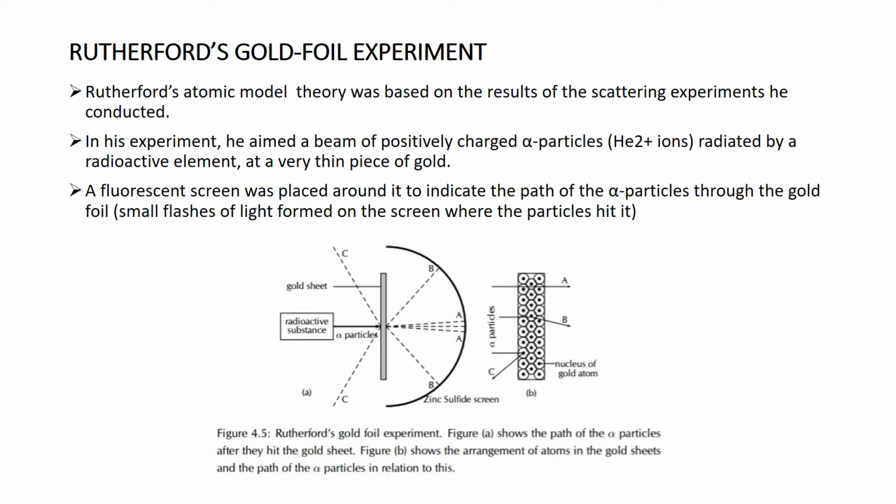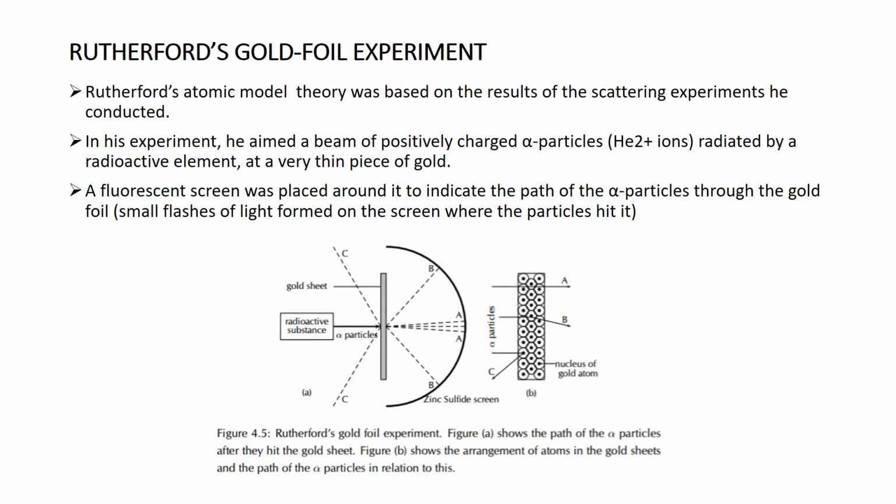Then Rutherford first performed a gold foil experiment that he based his atomic model theory upon. And this gold foil experiment that he conducted actually showed the scattering of particles.